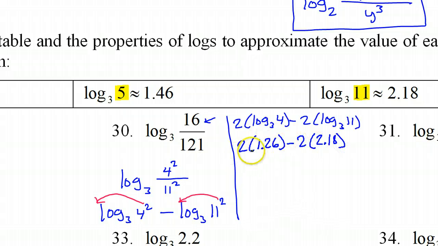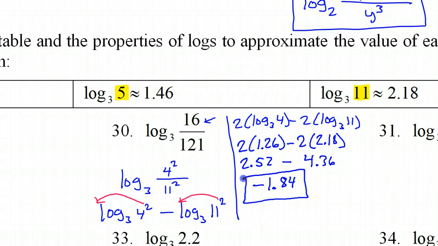Using my 4-function calculator, 2 times 1.26 is 2.52. 2 times 2.18 is 4.36. And finally, 2.52 minus 4.36 is negative 1.84. So that will be the final answer to number 30.